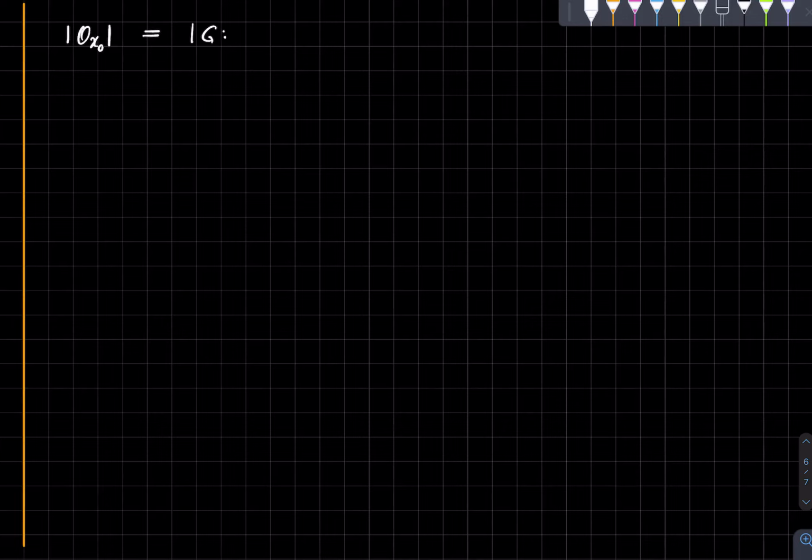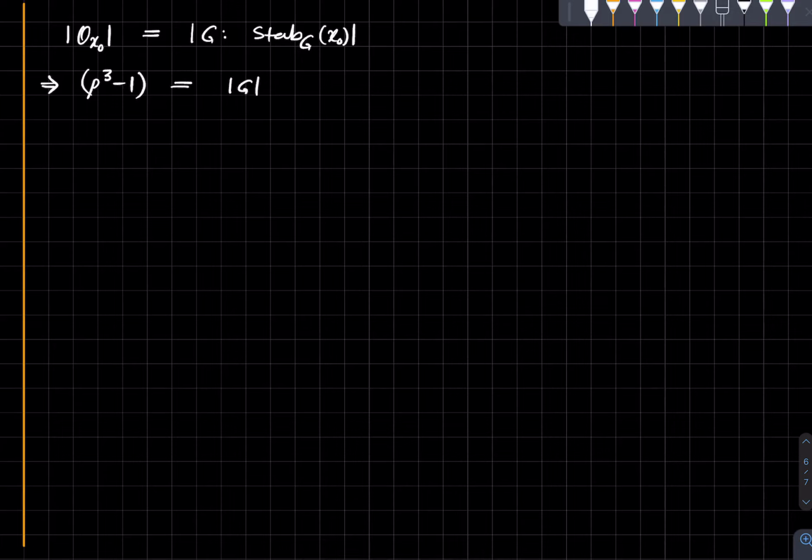Alright, and now we just use the orbit stabilizer theorem as before. By the orbit stabilizer theorem, the size of the orbit of x is the index of the stabilizer, which implies p cube minus 1, because the orbit of x naught is the entire set x and the cardinality of x is p cube minus 1.